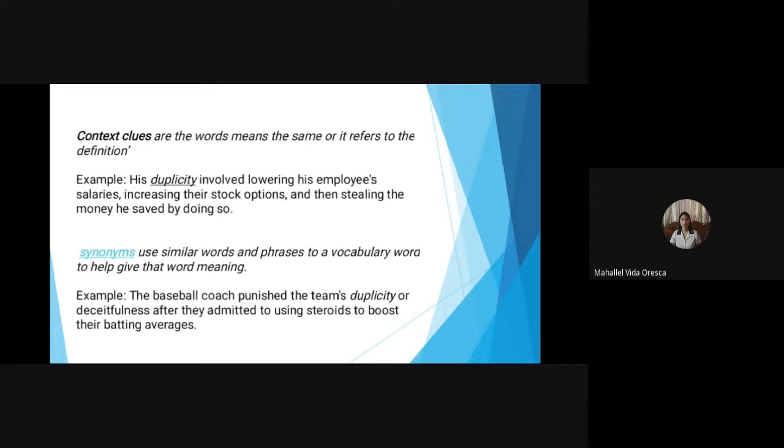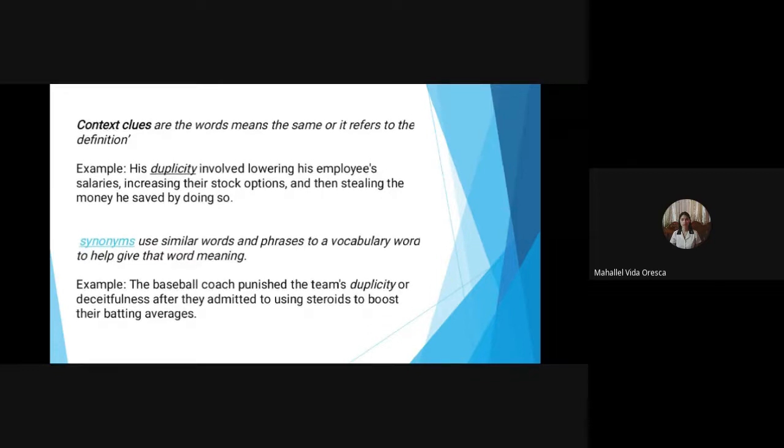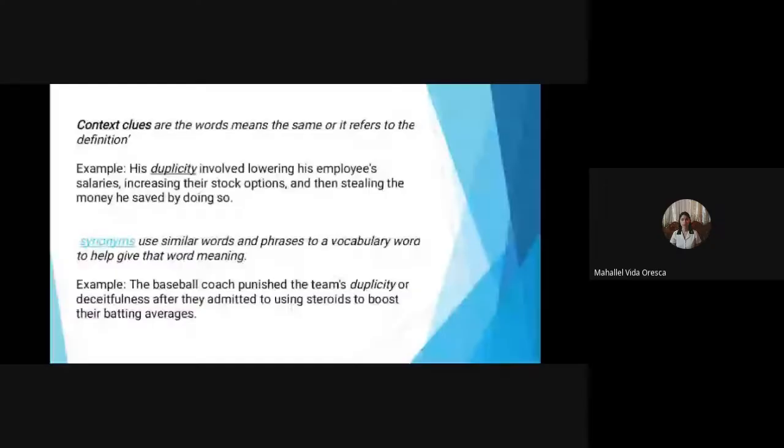Okay, what is context clue? Context clue are the words means the same or it refers to the definition. Example, his duplicity involved lowering his employees' salaries, increasing their stock option, and then stealing the money he saved by doing so.